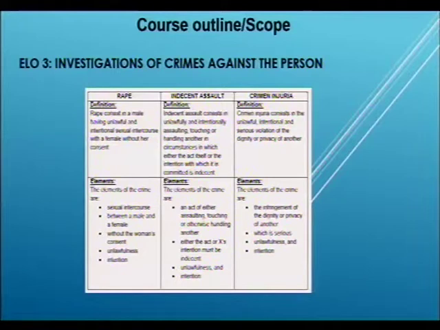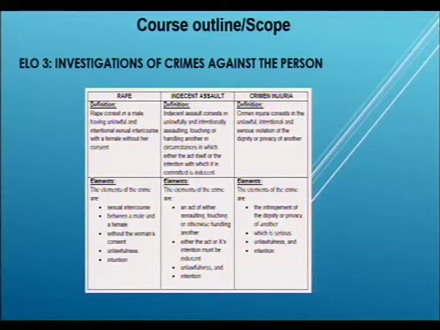What are the elements? The elements of rape: sexual intercourse between a male and a female without the woman's consent. It should be unlawful and intentional.